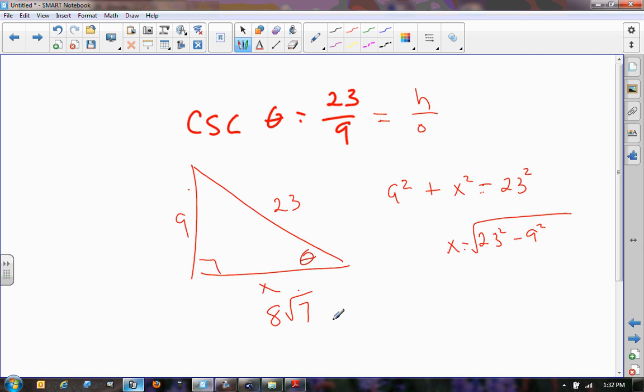Fill in the rest of the ratios: what's sine, what's cosine, what's tangent. You've got the stuff, so just fill it out. The ratio is going to change. Look at the relationship, fill in the picture, and answer the last one using the Pythagorean theorem.